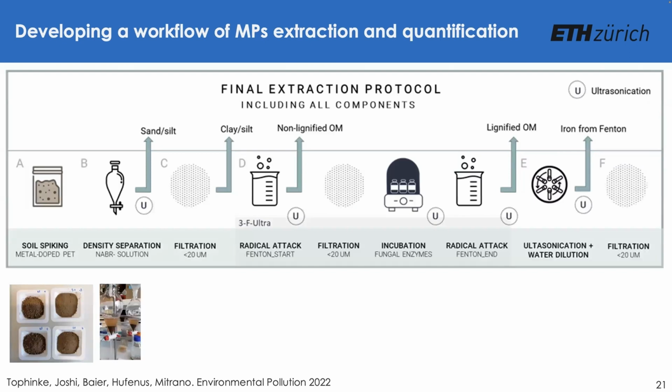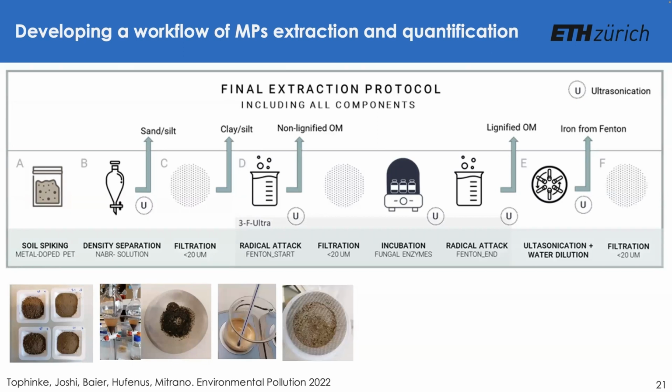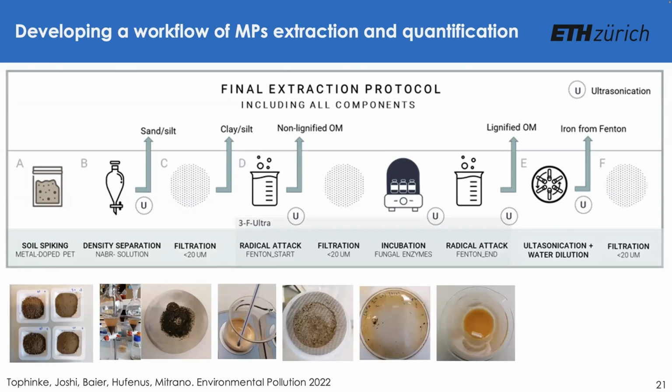We did a density separation to remove the sand and the silts, a filtration to remove the really fine colloids like clay and silts, and then started to degrade some of these organic materials by using Fenton reactions and enzymatic digestions to remove the organic material, and then finally be left with just our microplastics that are on our filter, which can be then further characterized.